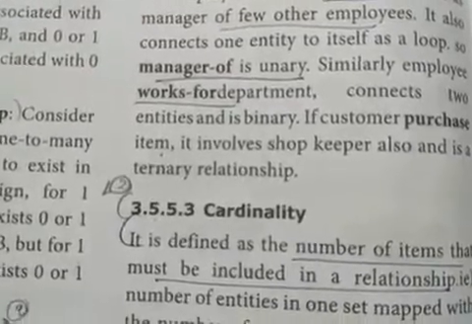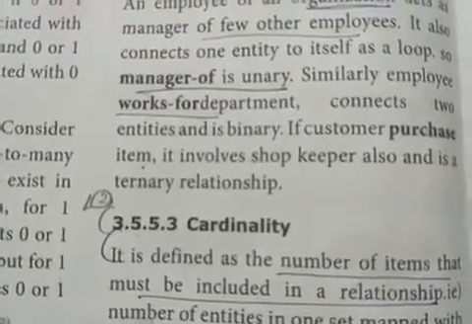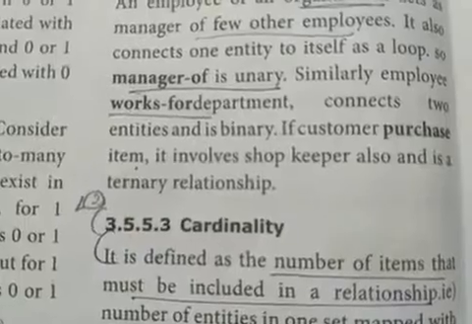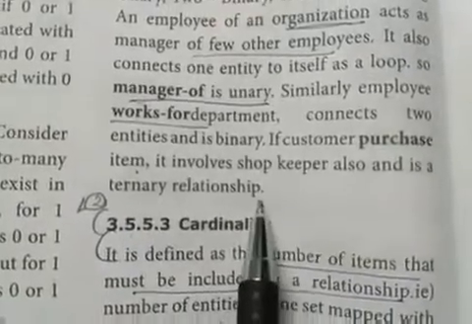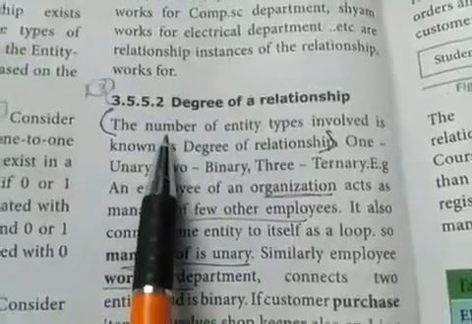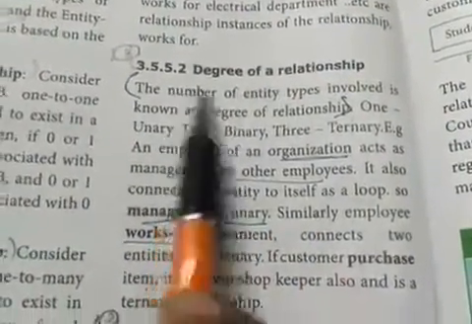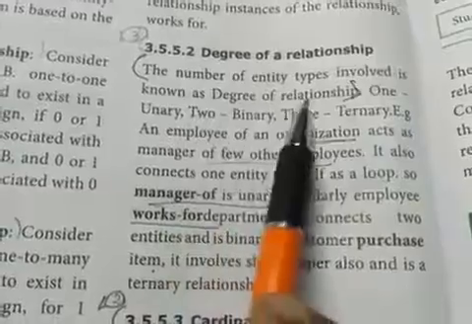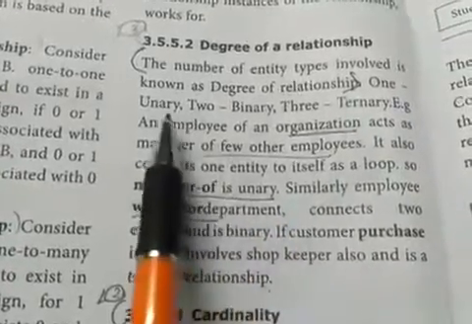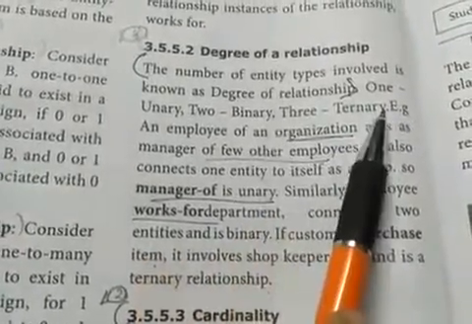So three entities are involved in the same relationship, so it is called a ternary relationship. So what is the degree of a relationship? The number of entity types involved in a relationship is called the degree of the relationship. What are they? Unary, binary, ternary.